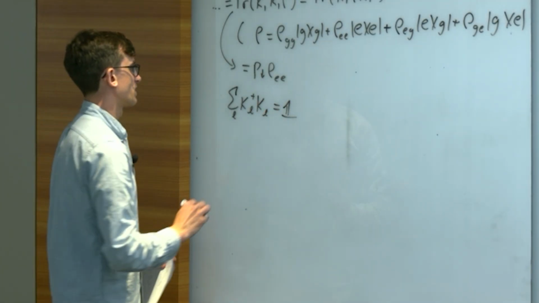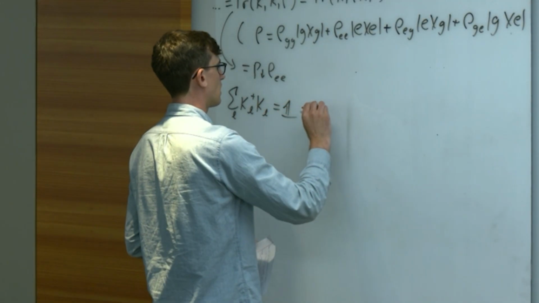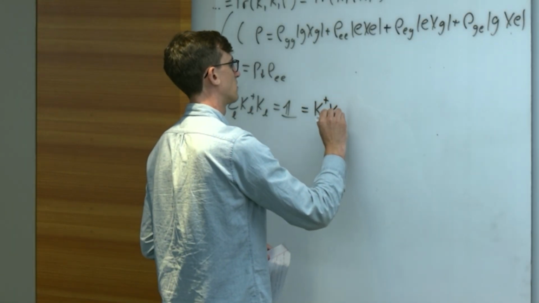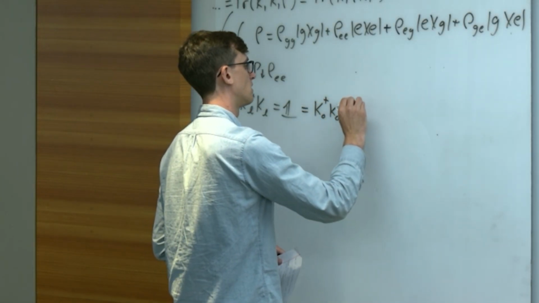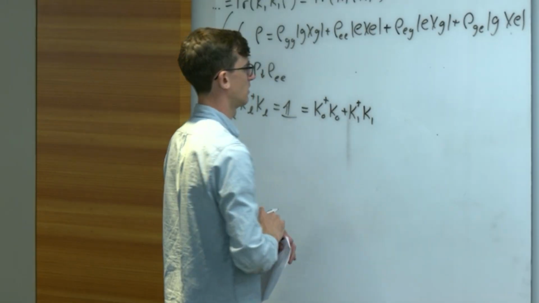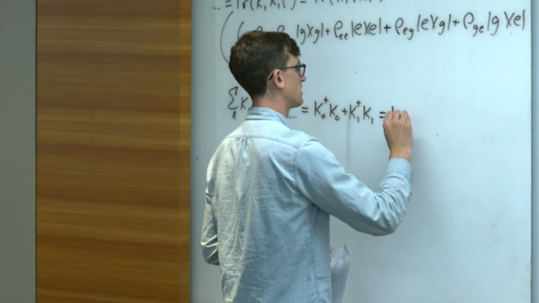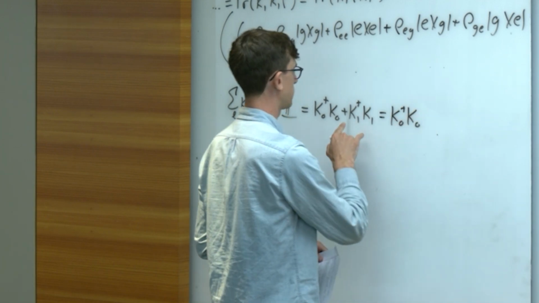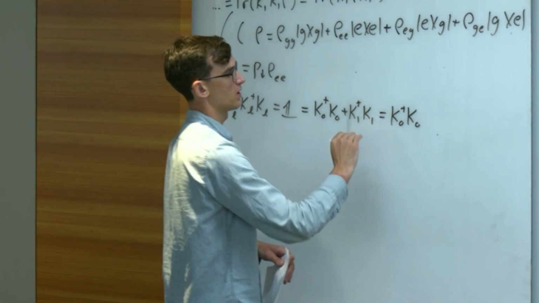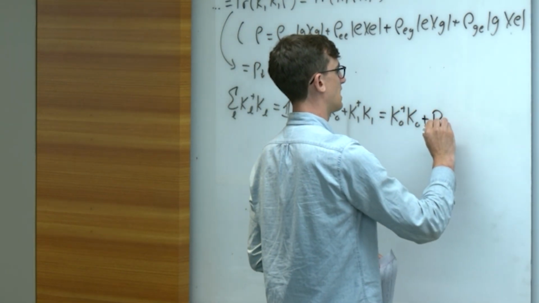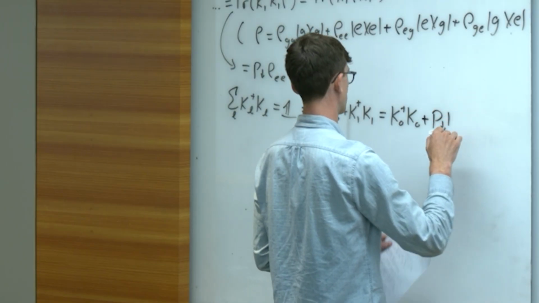So let's write this as K0 dagger K0 plus K1 dagger K1. And now we know that this is equal to K0 dagger K0 plus, and K1 dagger K1 is just P_down times |E><E|.